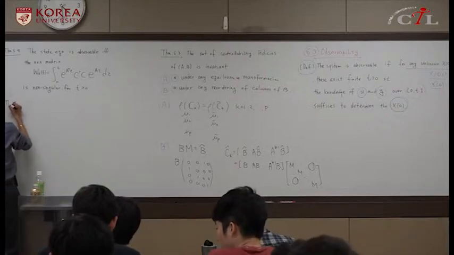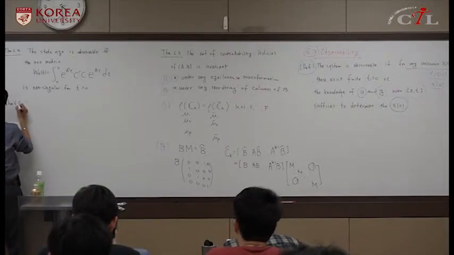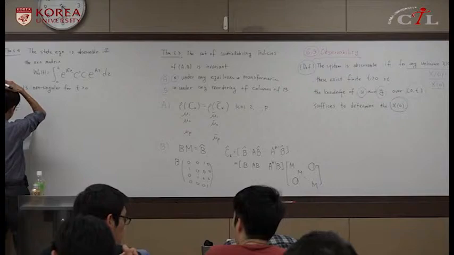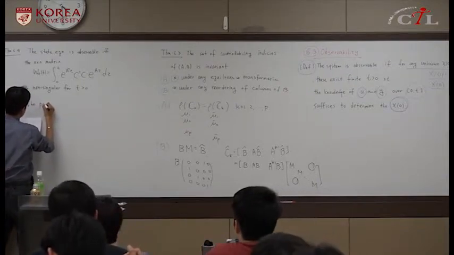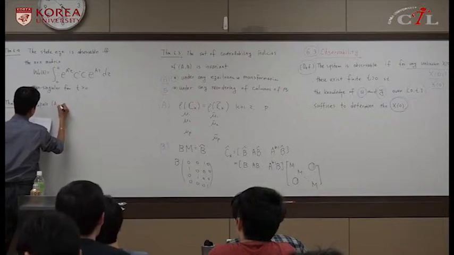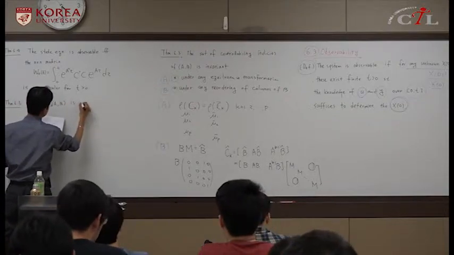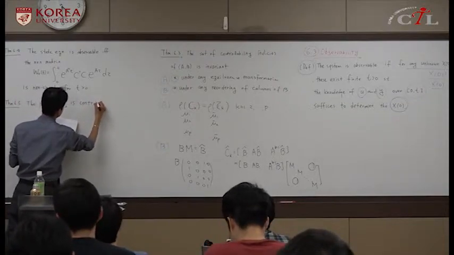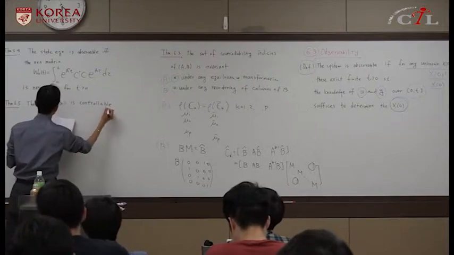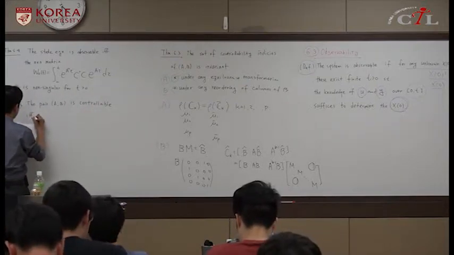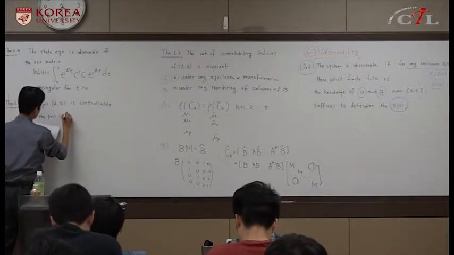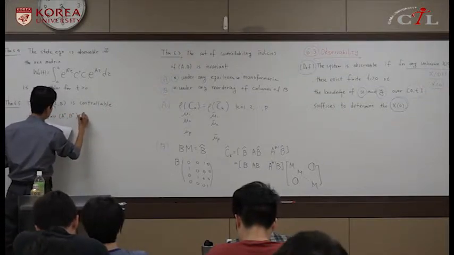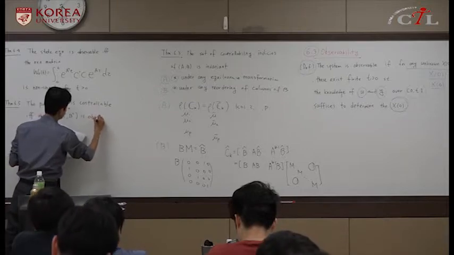Theorem 6.5 is the duality theorem. The pair (A, B) is controllable if and only if the pair (A transpose, B transpose) is observable.